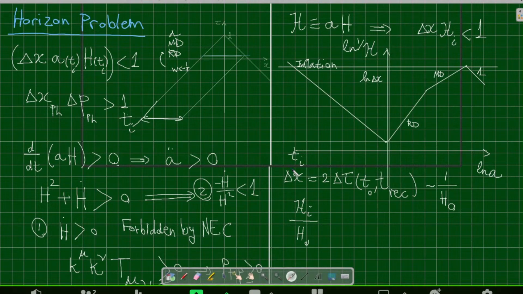So I have plotted 1 over curly h, and here delta x is just a constant. Delta x is a number that we can compute. It's order 1 over h naught today. So this is that constant, and this is 1 over h, assuming that we have a period of accelerated expansion or inflation. When delta x becomes less than hi, it means that it is below this curve.